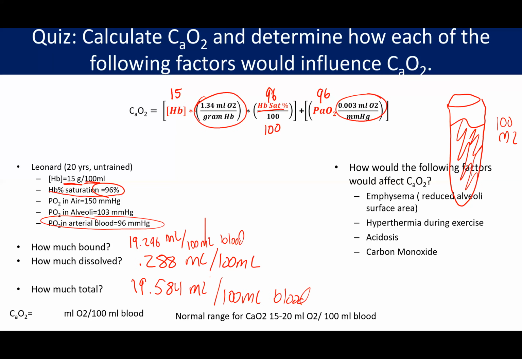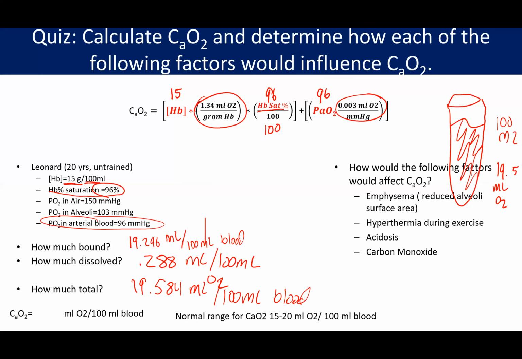And that's 19.584 milliliters of oxygen. So inside of this 100 mils of blood, if we took a 100 milliliter sample from your blood, we'd have about 19.5 milliliters of oxygen in it. That's what the content of oxygen is, the CaO2.